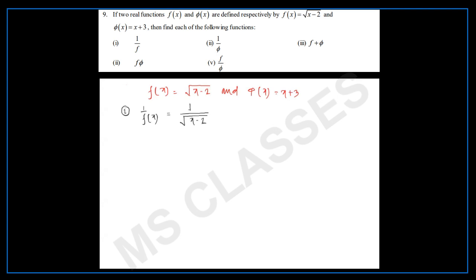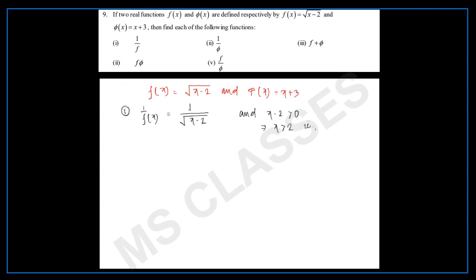Now, this is the function which you have got because f(x) is defined. So I can write 1 by f(x) will also be defined when we have 1 by root over x − 2 as a rule of correspondence, and x − 2 is greater than 0, x greater than 2.